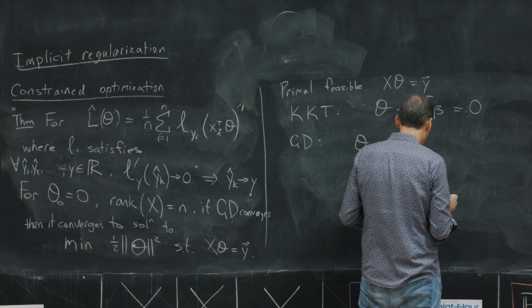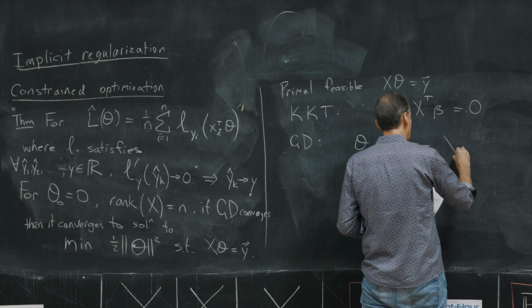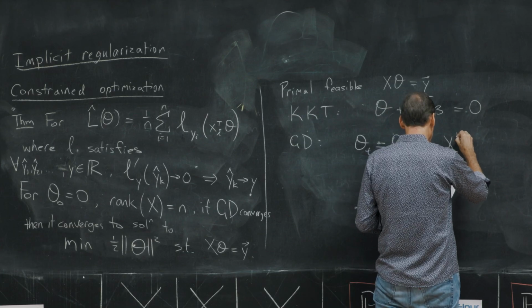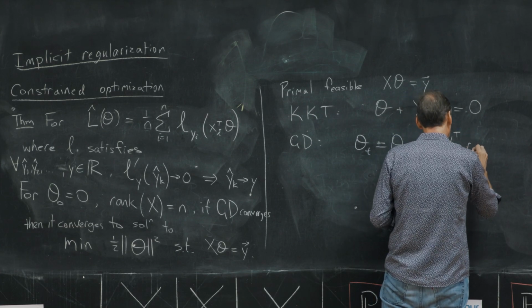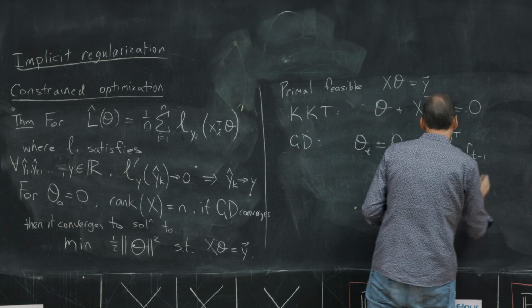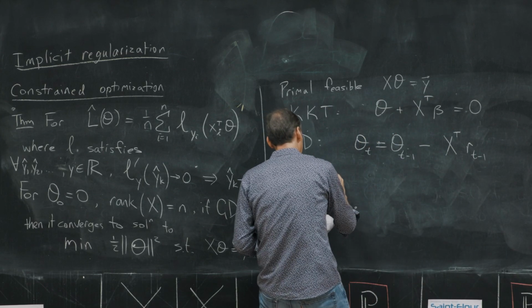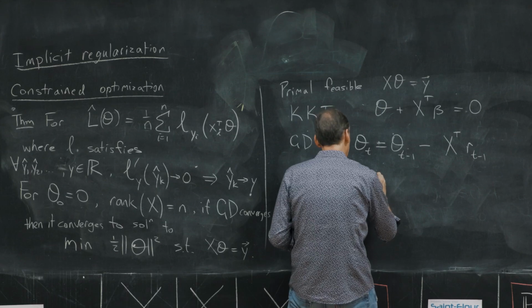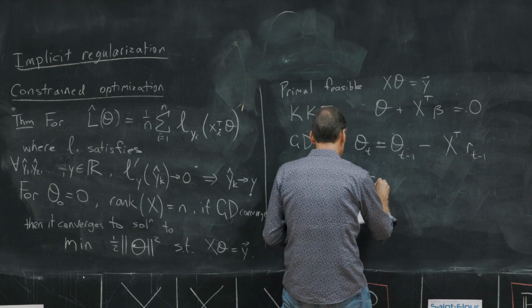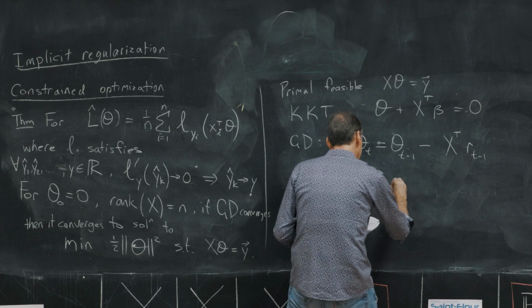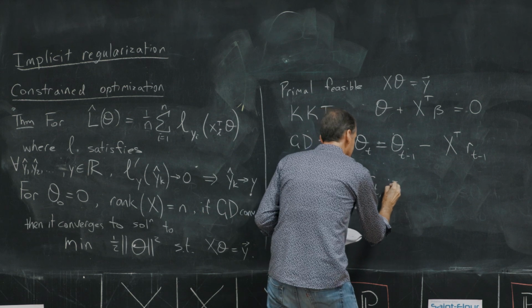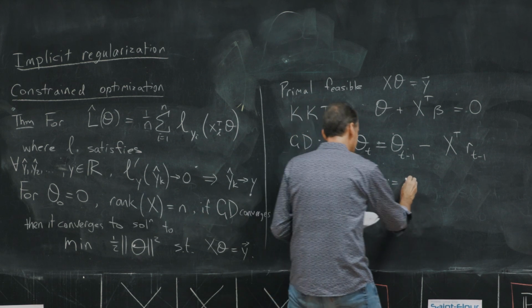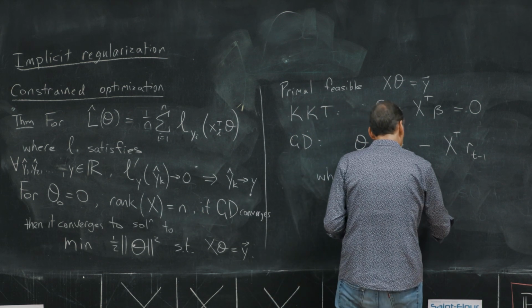as theta t minus 1 minus, and I want to write it in the form of x transpose r t minus 1, where we're writing this vector r t minus 1 as defined as the step size times the derivative.